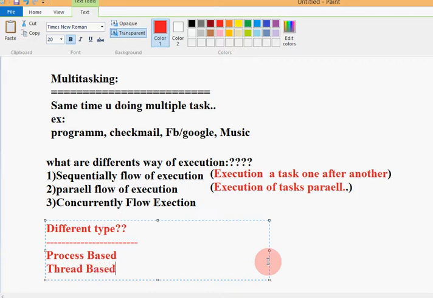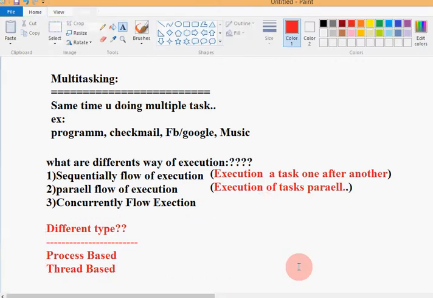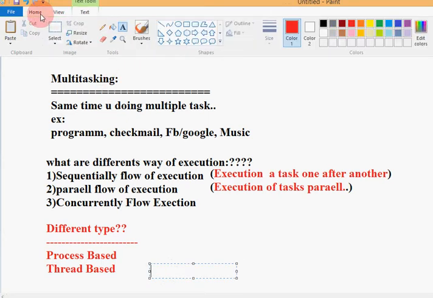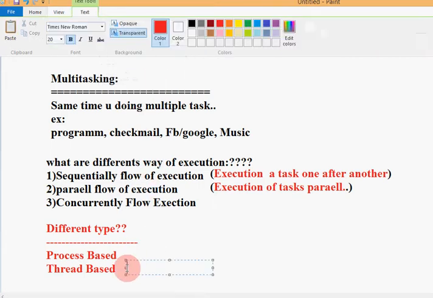Okay. Got clarity? Okay. One is process-based, second one is thread-based.